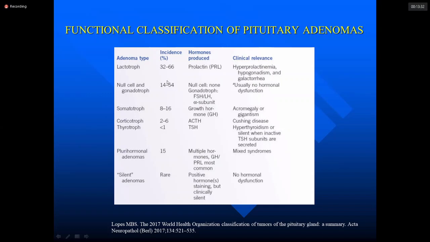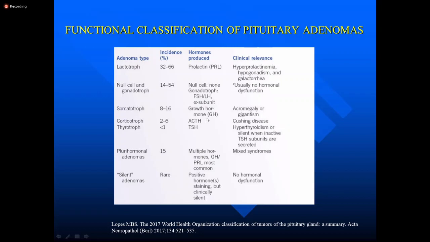Next in frequency will be the adenoma that is not secreting any hormone, called null cell, and the gonadotrope adenoma. Even if we have excess FSH or LH, there will usually be no clinical manifestations regarding that excess.